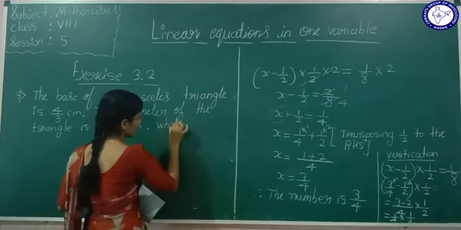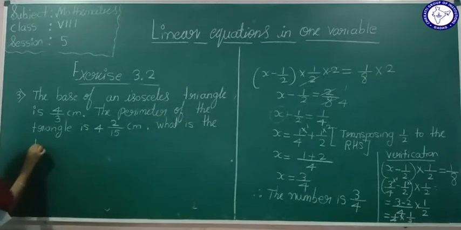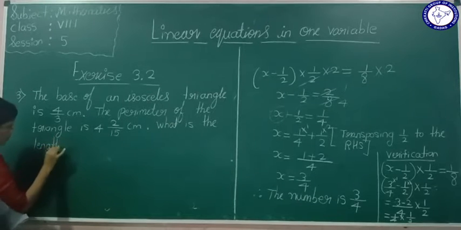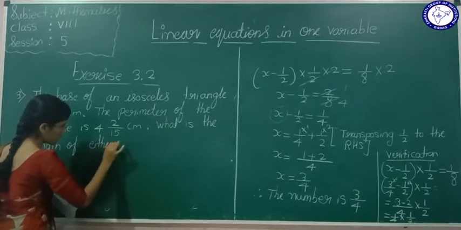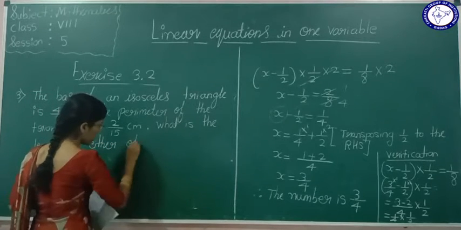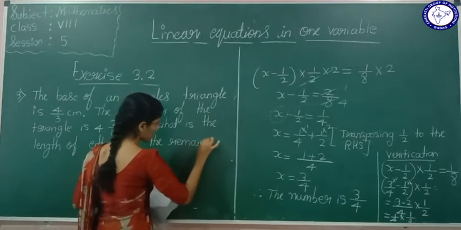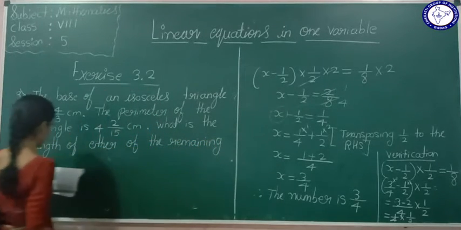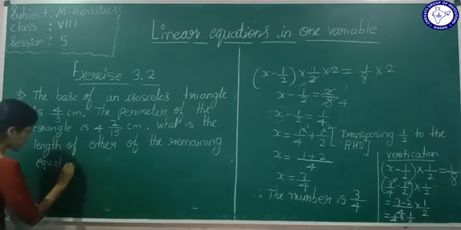What is the length of either of the remaining equal sides?